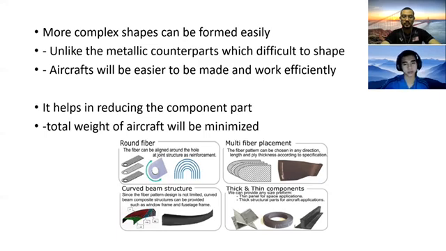Looking at metal, it is difficult to shape, while carbon fiber makes our work easier and more efficient. By reducing component parts, we minimize the weight of the aircraft. The diagram below shows how easy it is to form any type of shape with carbon fiber, whether complex, very thick, or thin components.